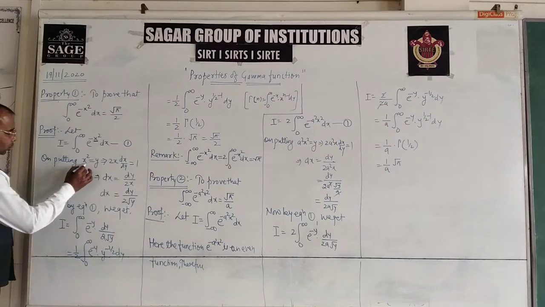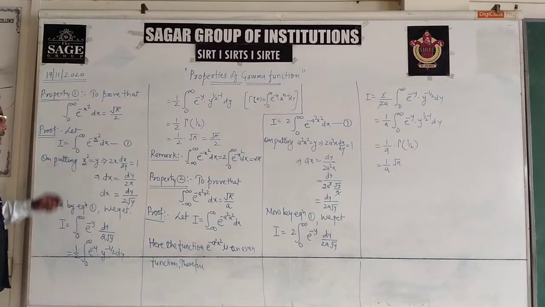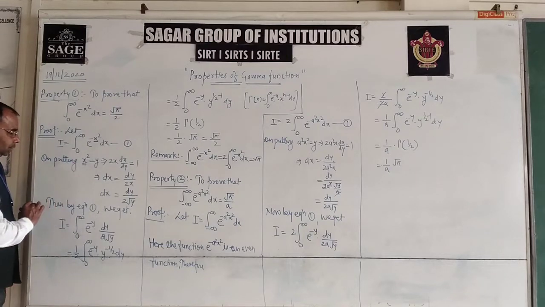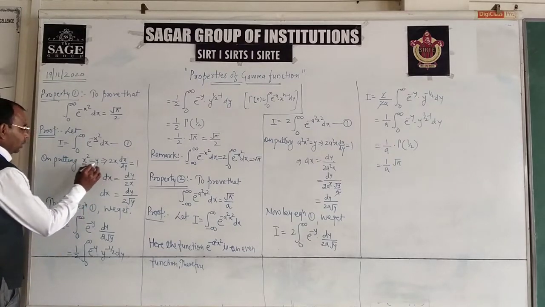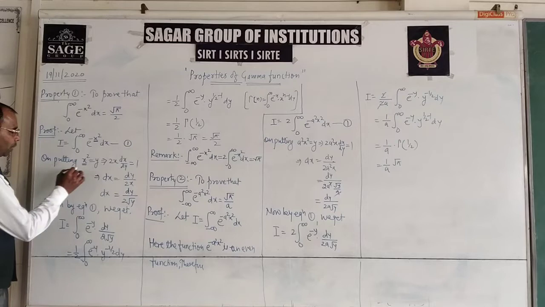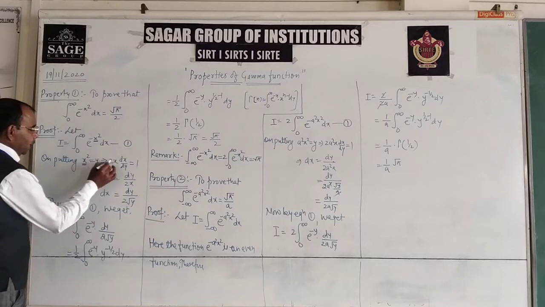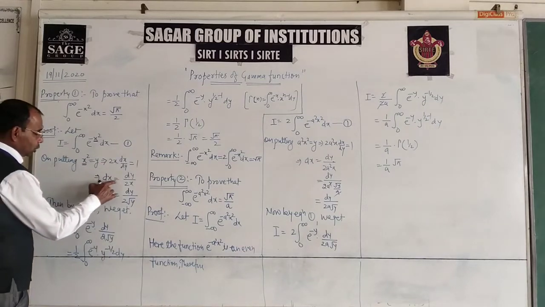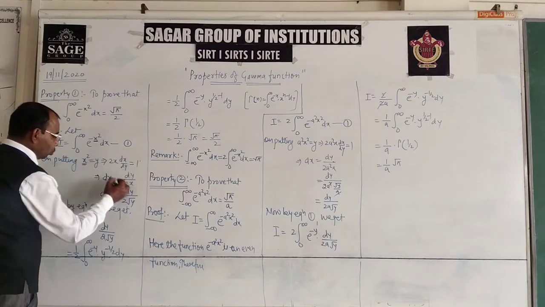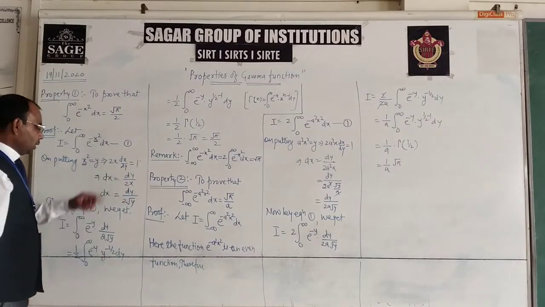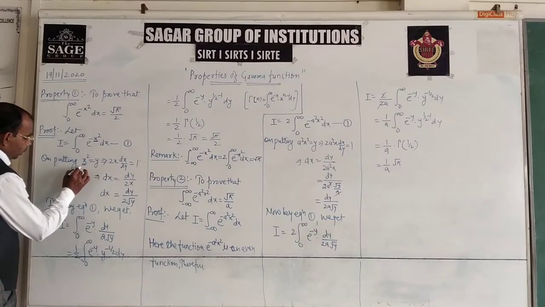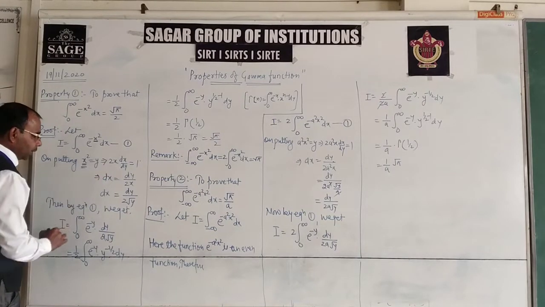On putting x square equal to y, the variable x is changed into the variable y. Therefore, on differentiation with respect to y, 2x times dx upon dy is 1. Therefore, dx is equal to dy upon 2x, and all terms are changed in the form of y.